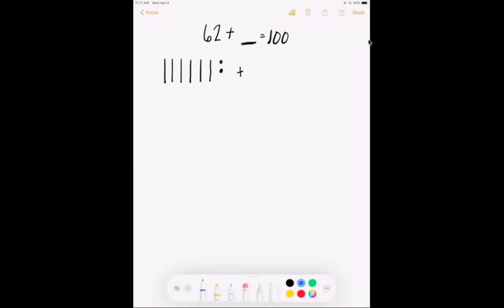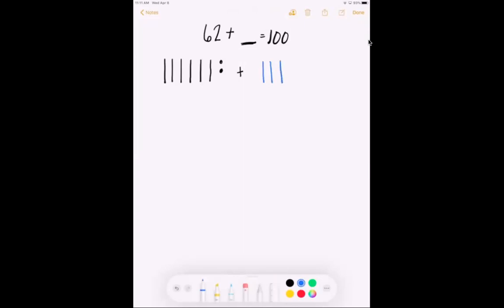I'm doing this so that I know that there are going to be two groups that add up to equal 100. So I'm going to be counting on. I have 62 already, so I'm going to start by counting on from 62 by tens. 72, 82, 92.